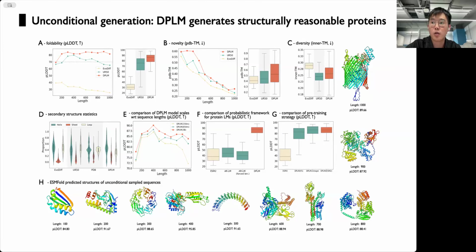And there is also a diffusion version of the Levenshtein transformer.